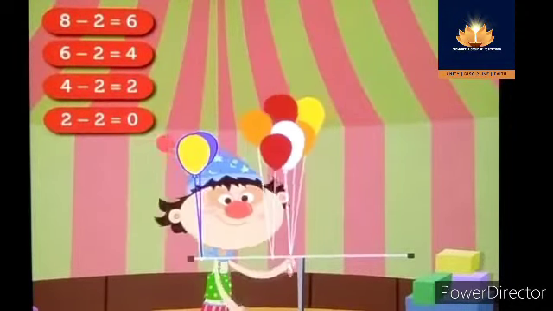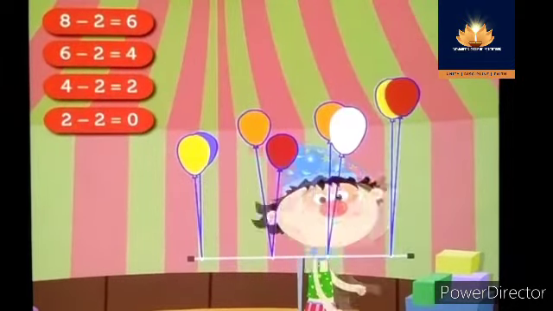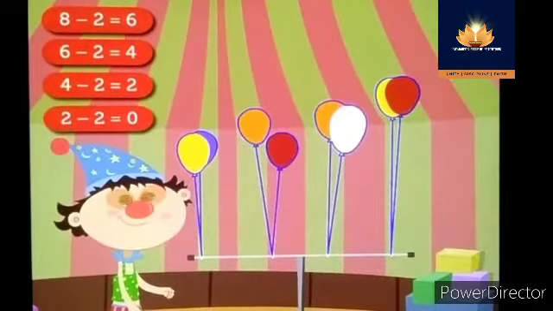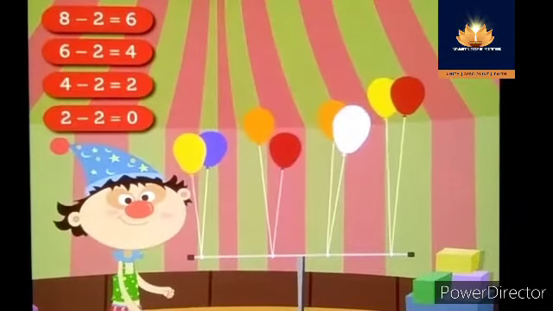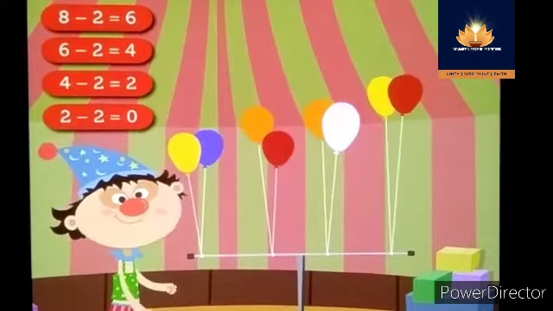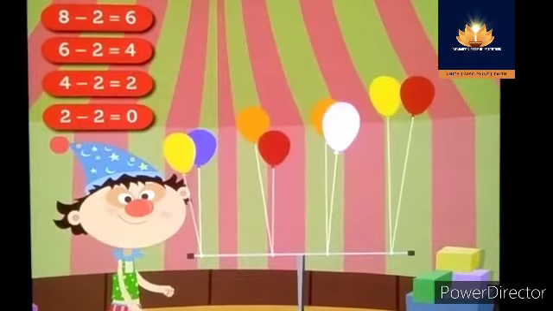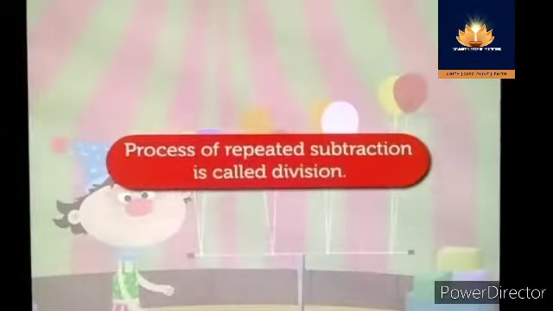When Bhim tied 8 balloons into equal groups of 2, he got 4 groups. Here he tied the same number repeatedly. He showed this with repeated subtraction. So, this process of repeated subtraction is called division.